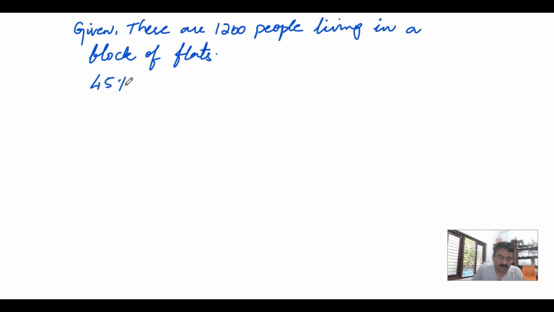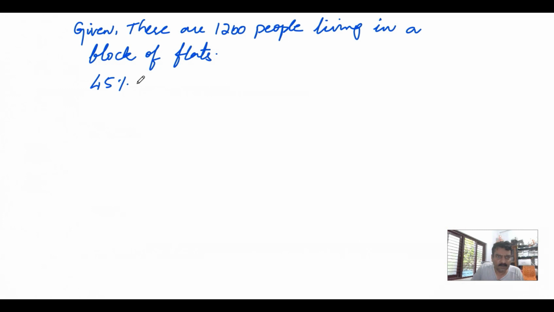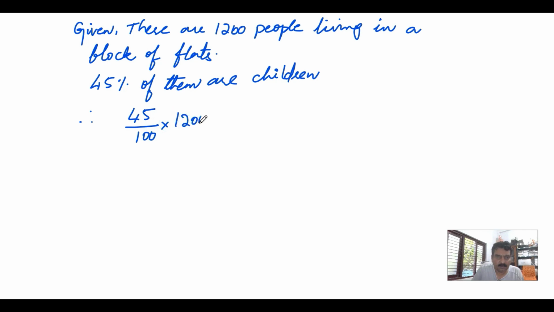Again given 45%. See the question here, 45% of them are children. Therefore we can say 45% means 45 by 100 of 1200 people, right?